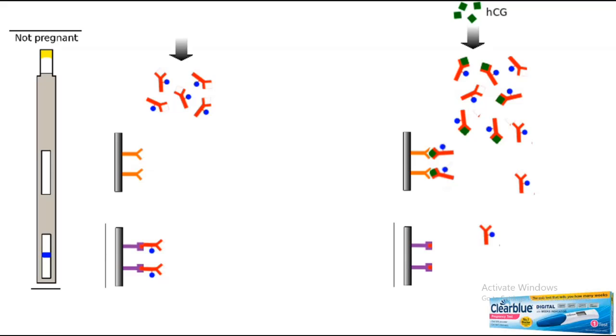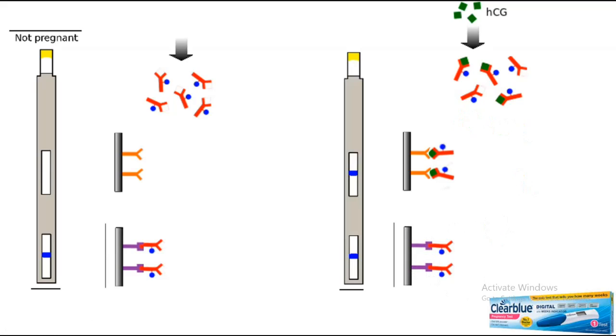Okay, they bind, and then the remaining detection antibody with nothing bound to it will also bind to the bottom capture antibody. When all that happens, you get a blue signal at both places. So that's how a pregnancy test works.